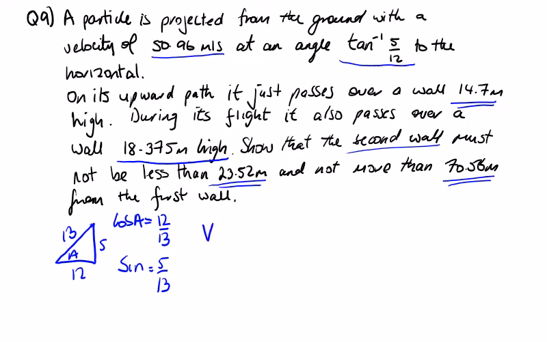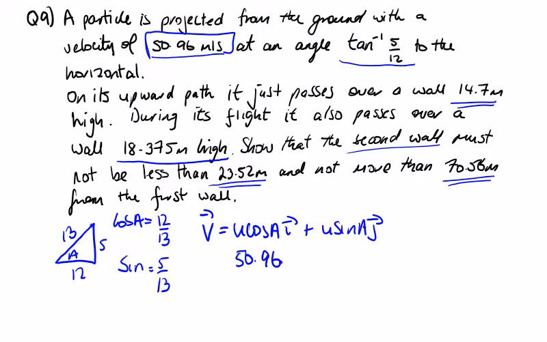We can do our initial velocity vector. It's going to be u cos alpha times i, plus u sin alpha in the j direction. So u is 50.96. A lot of decimals in this question. 50.96 times 12 over 13 in the i direction, plus 50.96 by 5 over 13 in the j direction.